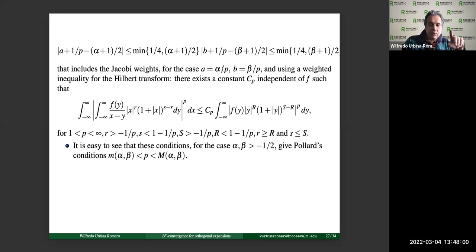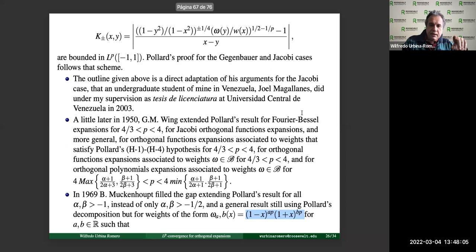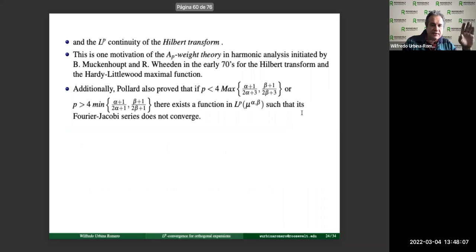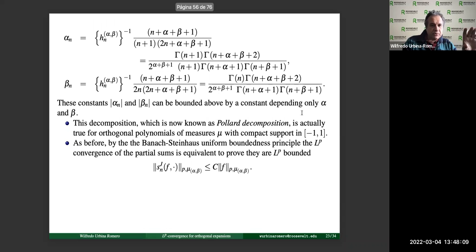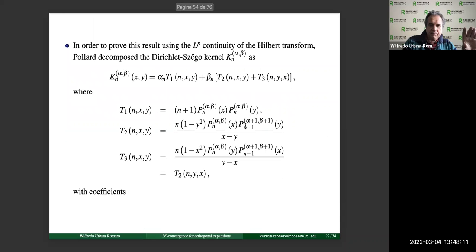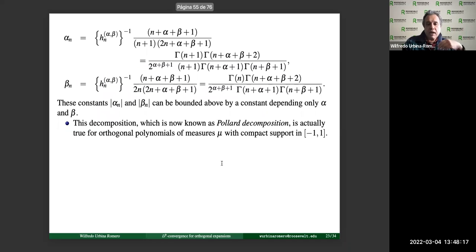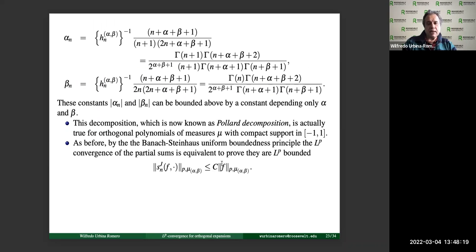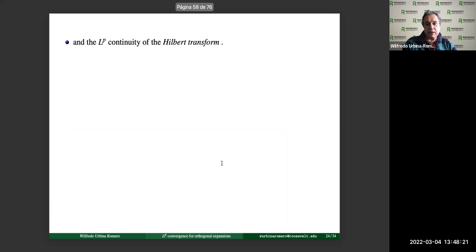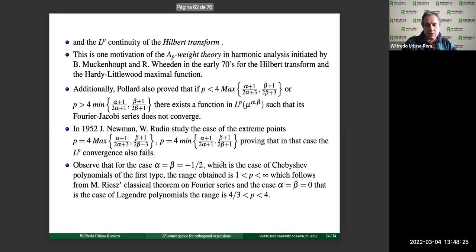And the proof is easier. Why? Well, because once you know this inequality, he used the Pollard decomposition. He used this guy. But now he can handle T1, T2, and T3 easily, because you have a weight inequality for the Hilbert transform, something that Pollard didn't have. Okay.